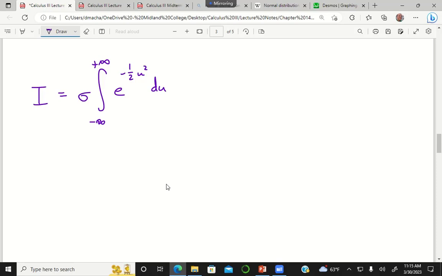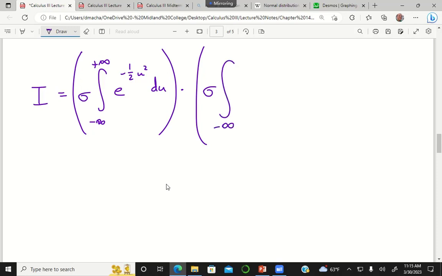Then if I multiplied this whole thing times this, you would agree that this second integral has exactly the same value, right?